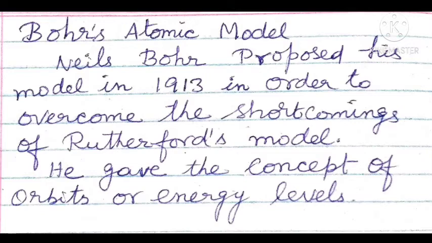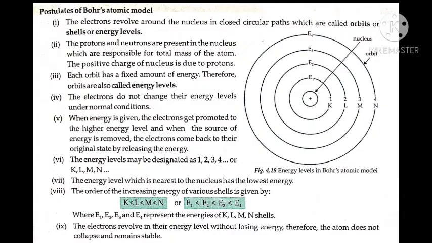Bohr's atomic model. Niels Bohr proposed his model in 1913 in order to overcome the shortcomings of Rutherford's model. He gave the concept of orbits or energy levels. Postulates of Bohr's atomic model.